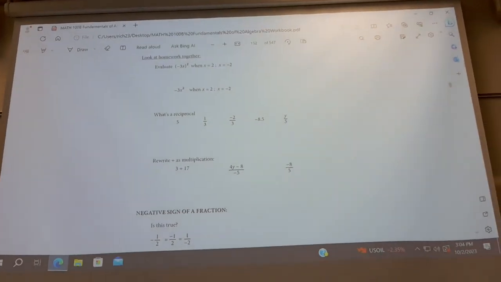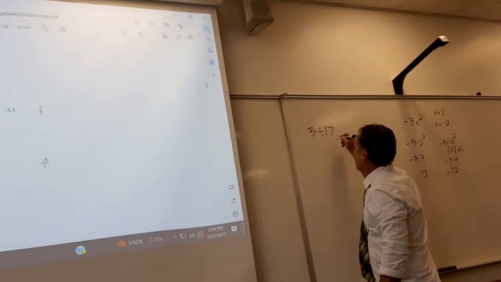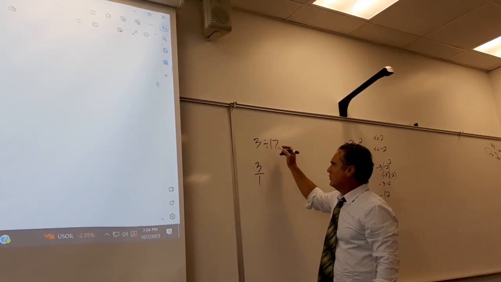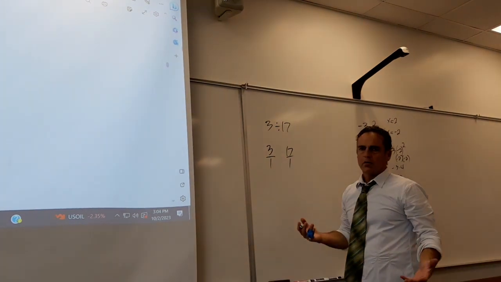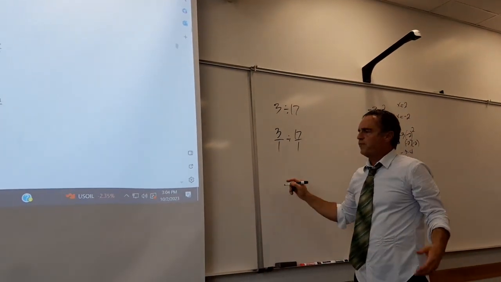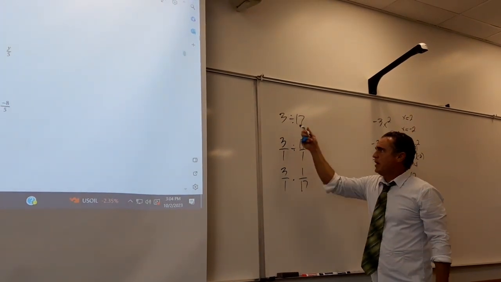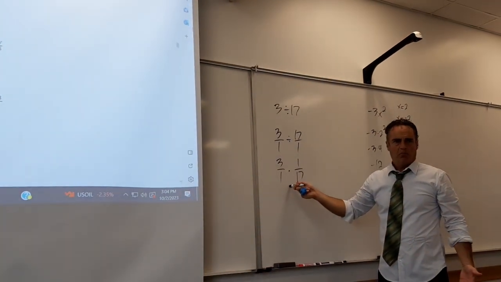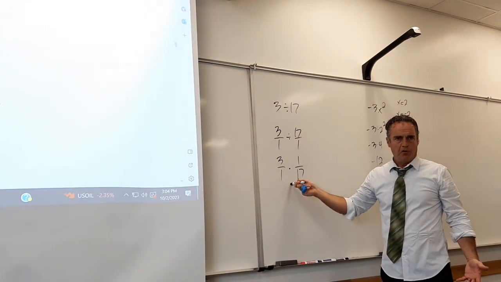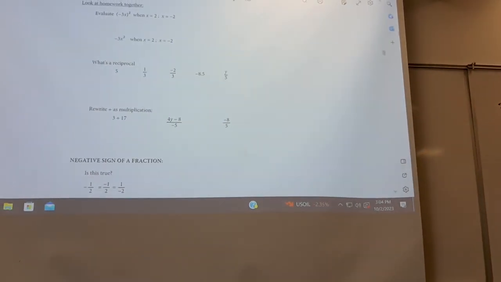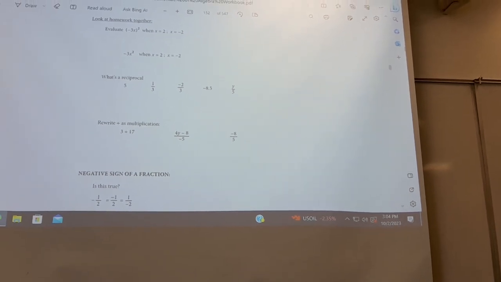If I have 3 divided by 17, do you understand that this is 3 over 1 and 17 over 1? Yes or no? When I divide fractions, I can change division to multiplication and flip the second fraction. So I've now taken this and expressed it as multiplication. That's how you do this, okay? So if I have 4y minus 8 over negative 5, is that what's up there?